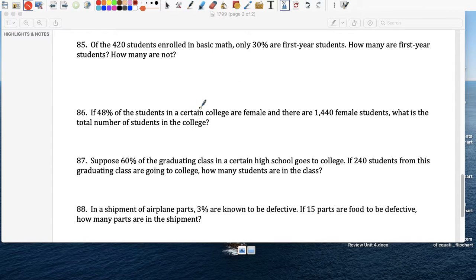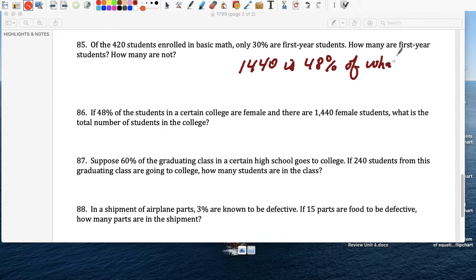48% of the students in a certain college are female, and there are 1,440 female students. What is the total number of students in the college? We're looking for the whole. So 48% of a certain group of students are female, and here's how many. We have 1,440, it's 48% of what number?